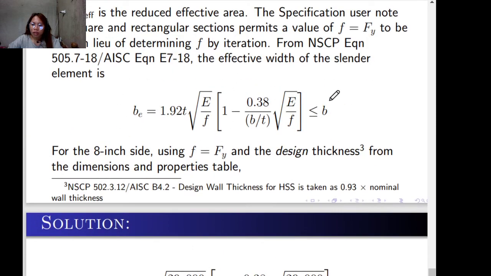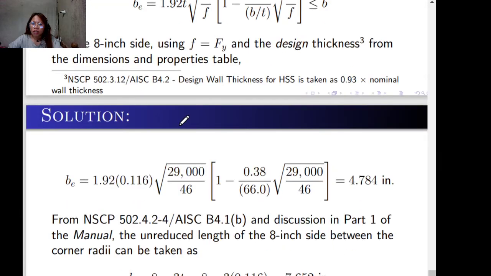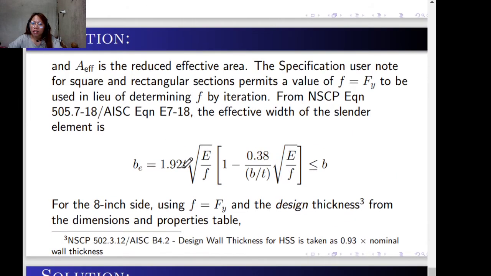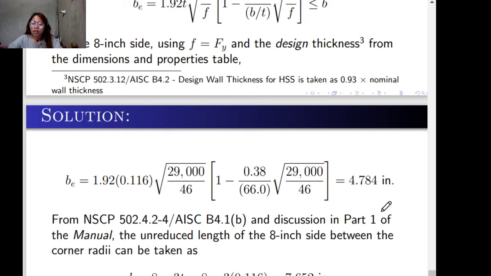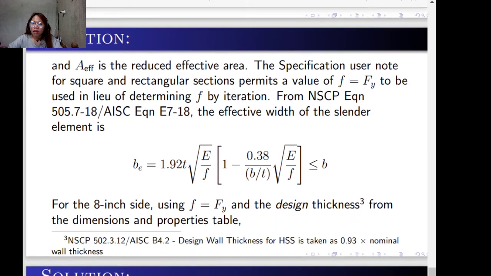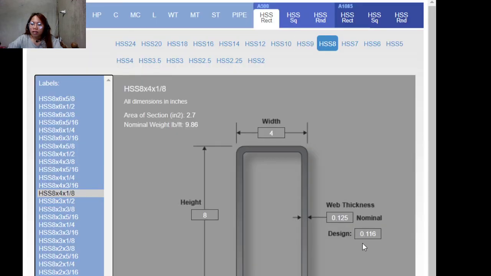So, using this reduced effective width, substitute the design thickness, given in the figure. The design thickness is 0.116, not the nominal thickness, ha? The design thickness should be used.